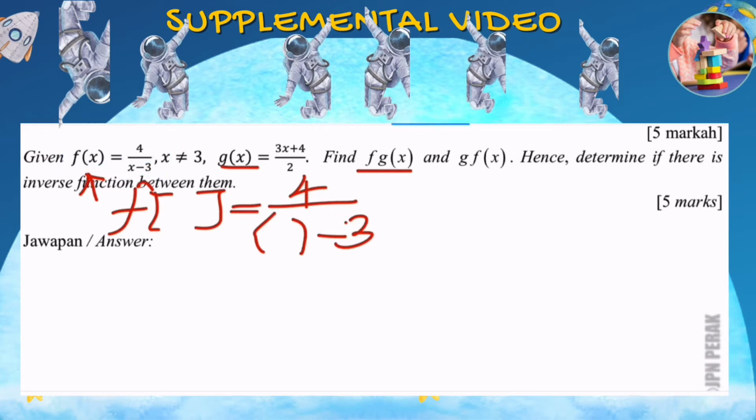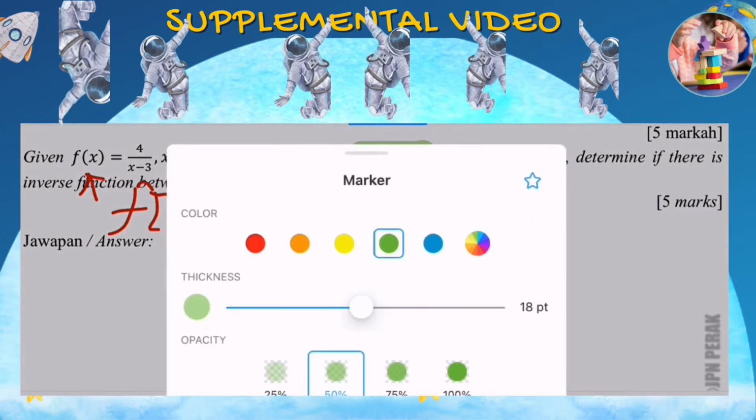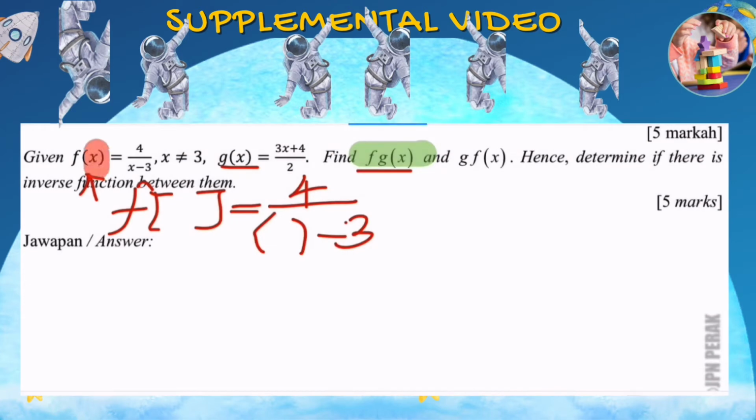Right, so let's substitute the g(x) into f(x). The moment we see x, we will substitute with g(x). So that means the f bracket, we will substitute with the g(x), right? These are the two places that we need to change.